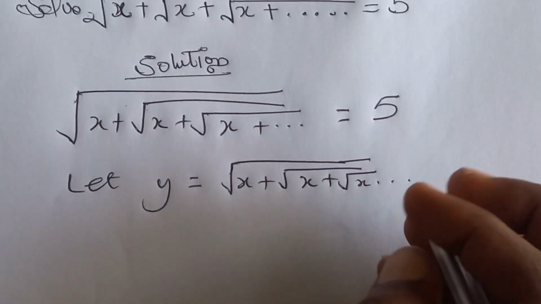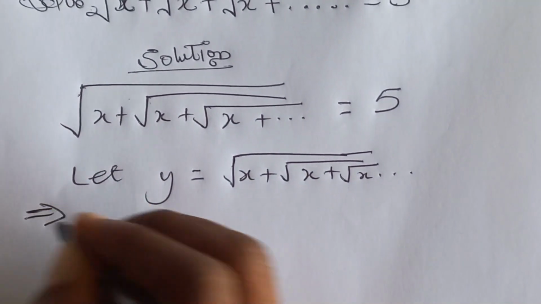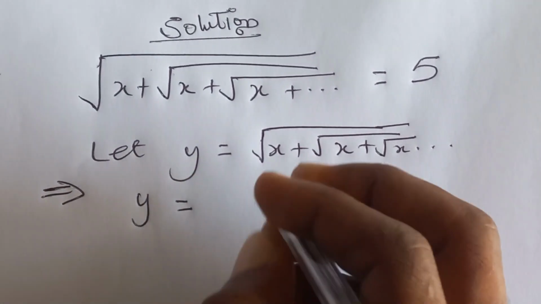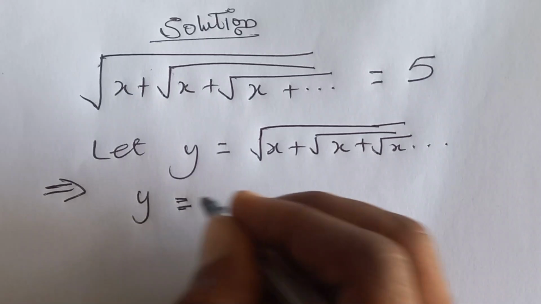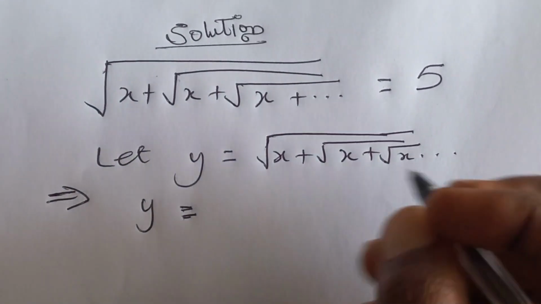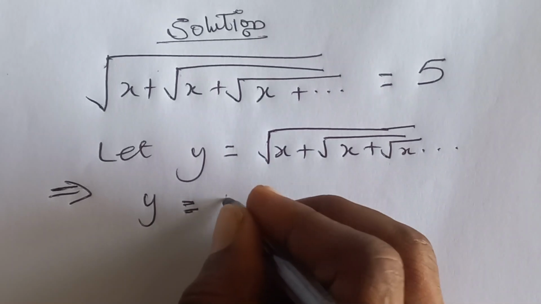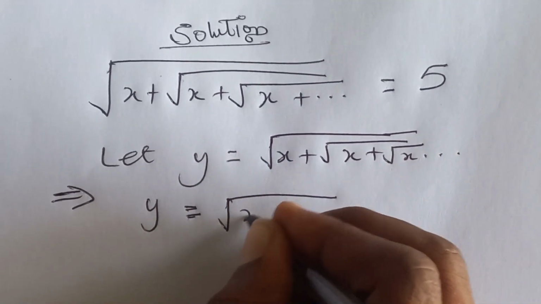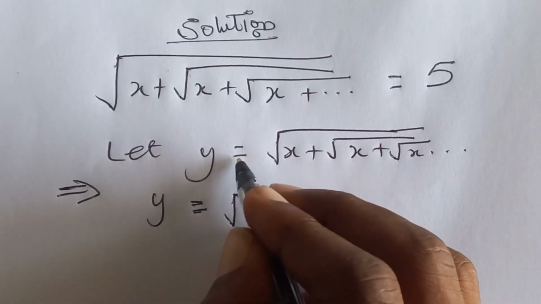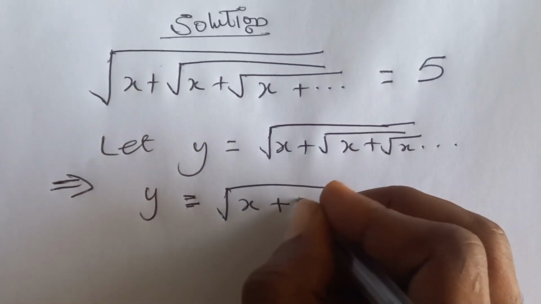Now we let this radical be y, so we still get the infinite radical. So we can say y is equal to root x plus y, since the inner part is also a radical.